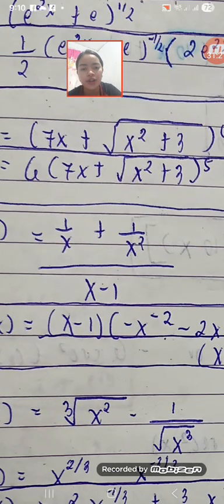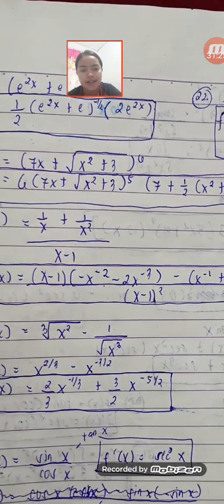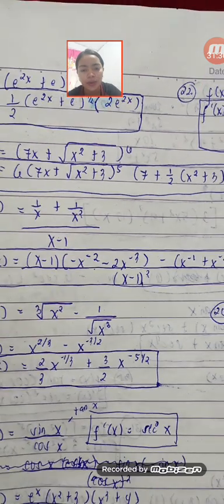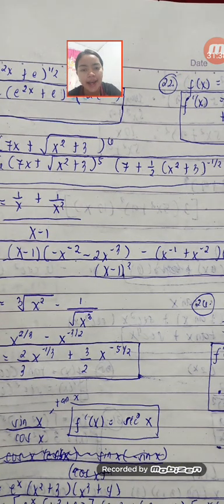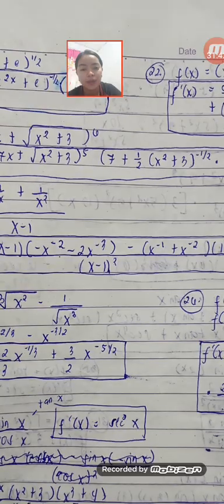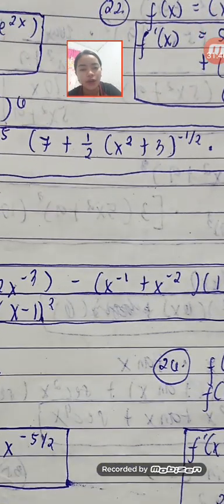So we need to get the derivative of our inside function. So the derivative of our inside function is 7 plus 1/2. Why 1/2? Because the square root is the exponent 1/2, and we need to bring down the exponent as well. That's why we come up here with 1/2 multiplied by (x squared plus 3), and 1/2 minus 1 is negative 1/2.